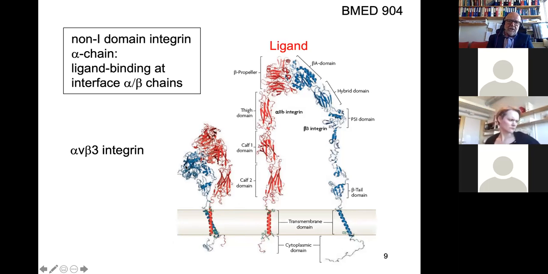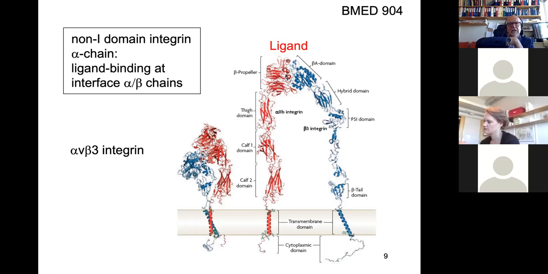The surprising thing when the crystal structure came was that it looked like a blob, and there wasn't much structure. But scientists had to unfold this structure in the computer, and then this is what it looks like. One important finding from this crystallization was that integrins can assume different conformations.